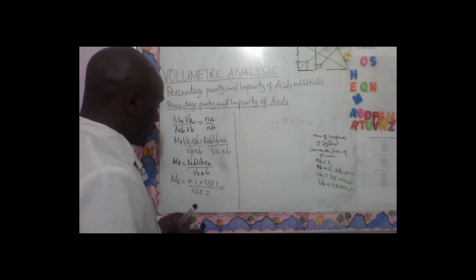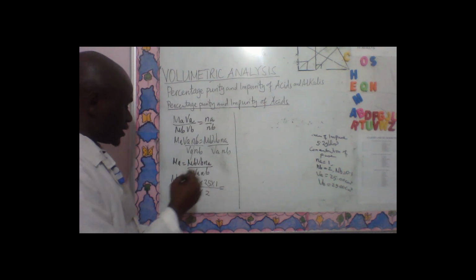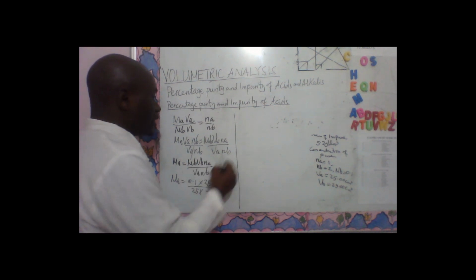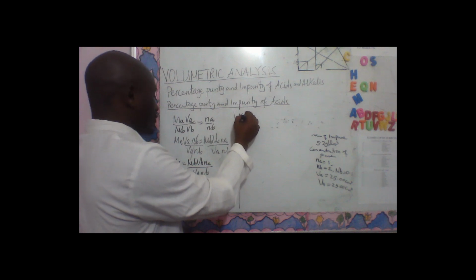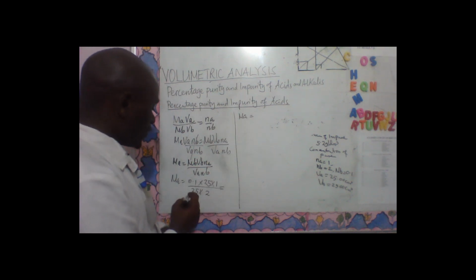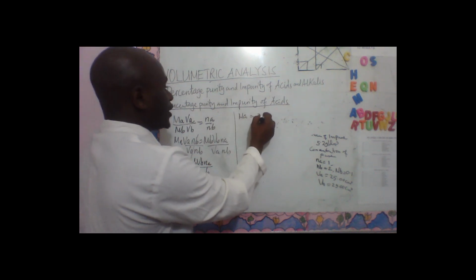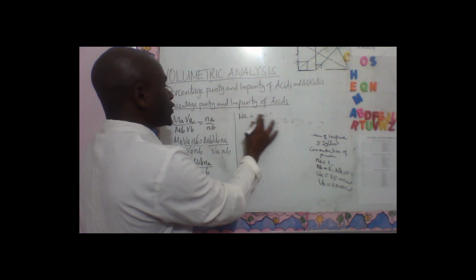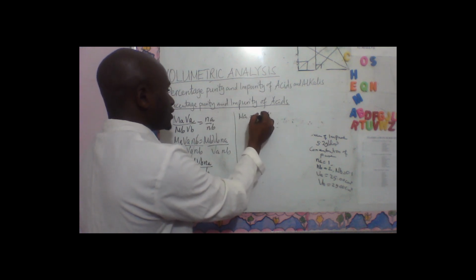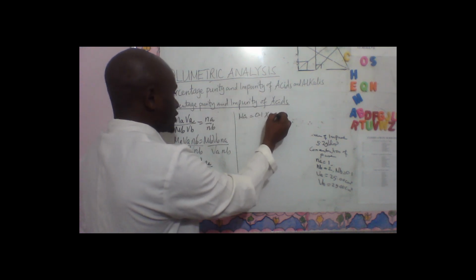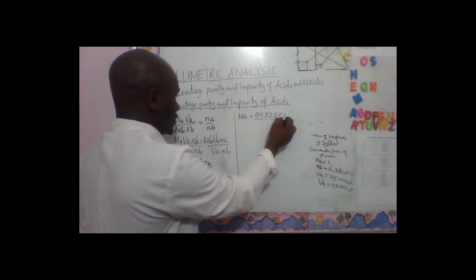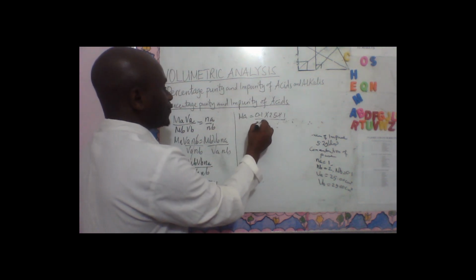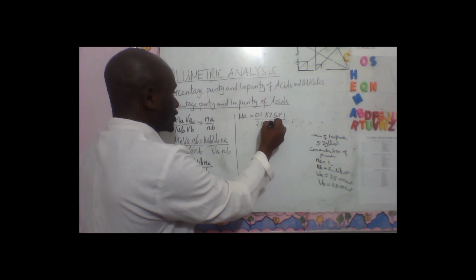So we have 0.1 times 25 times 1 over 25 times 2.